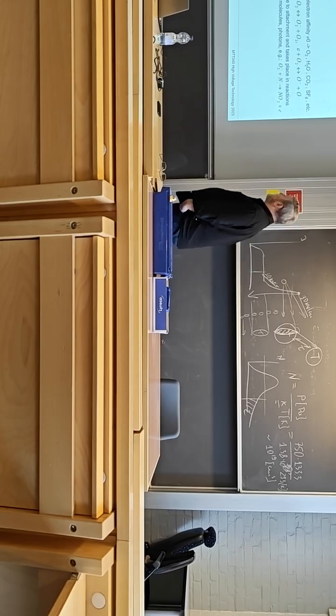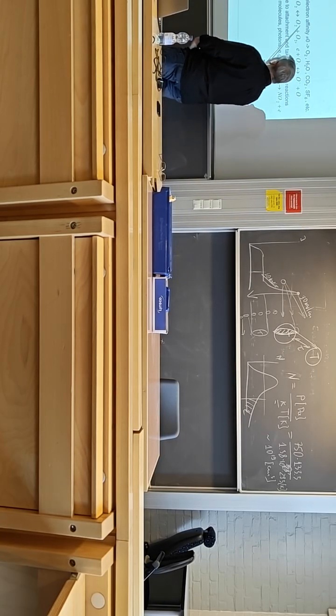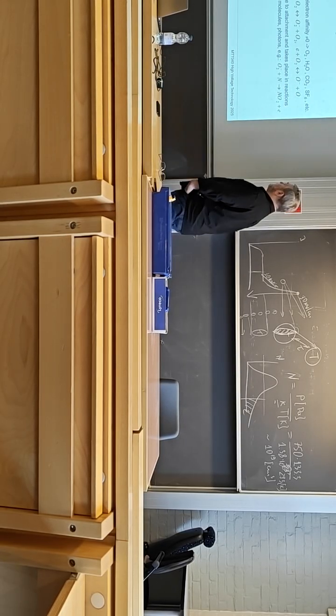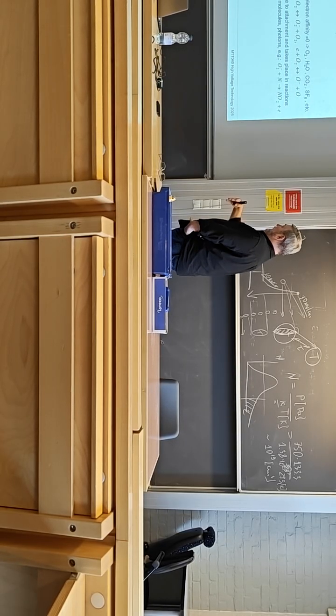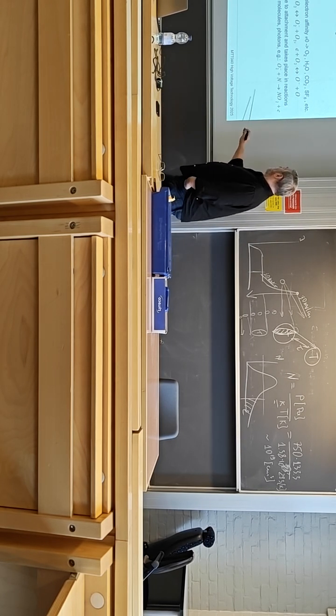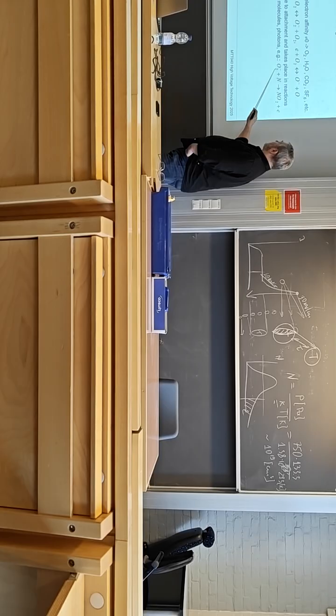Detachment. So attachment is when a negative ion is created, and there can also be detachment, when the negative ion just loses the electron. It is the opposite. It can happen like that, for example.